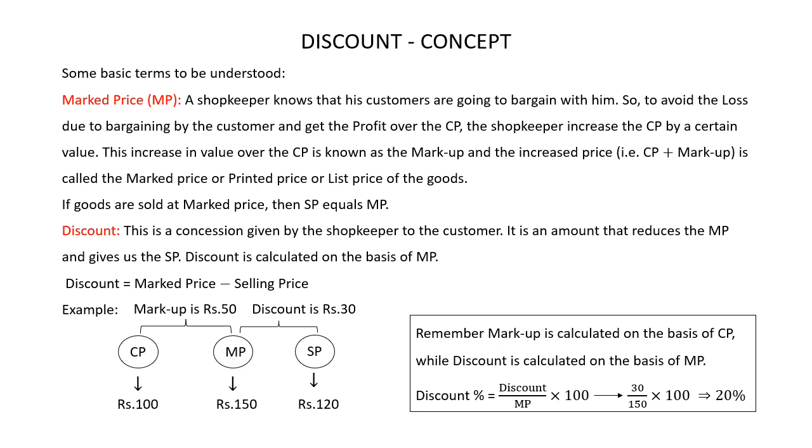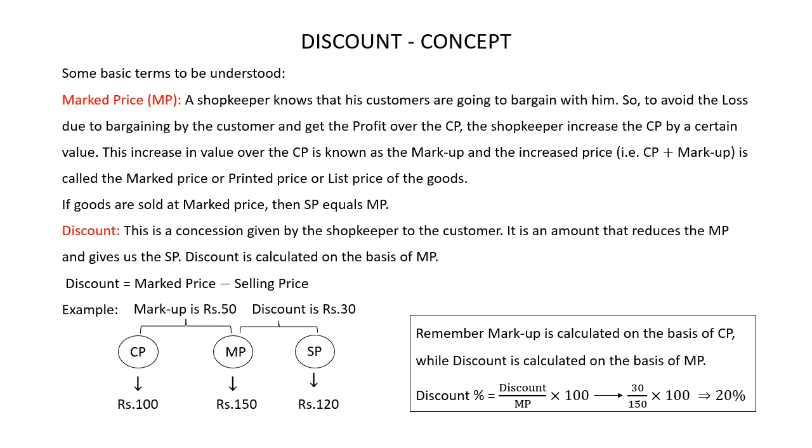Now the shopkeeper gives a discount of some amount and sells the article at the selling price. So marked price minus discount is the selling price. Now one thing here you have to remember is that the markup is on the cost price, whereas the discount is on the marked price.